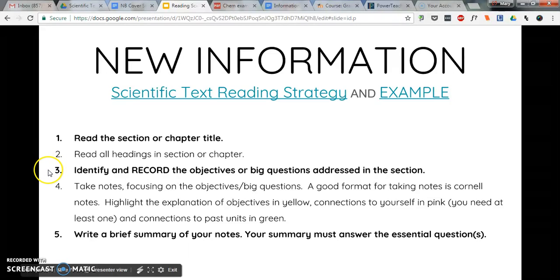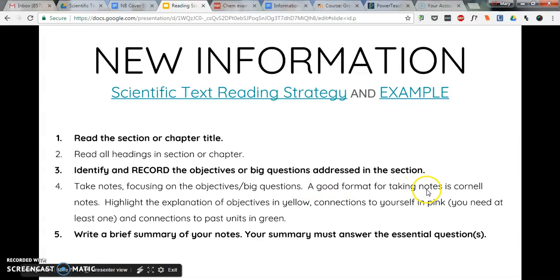These are pre-reading strategies. In addition, you will identify and record, this means write down, the overall objectives of the chapter or the big questions that will be addressed in the section. What are the things that this section will be discussing?